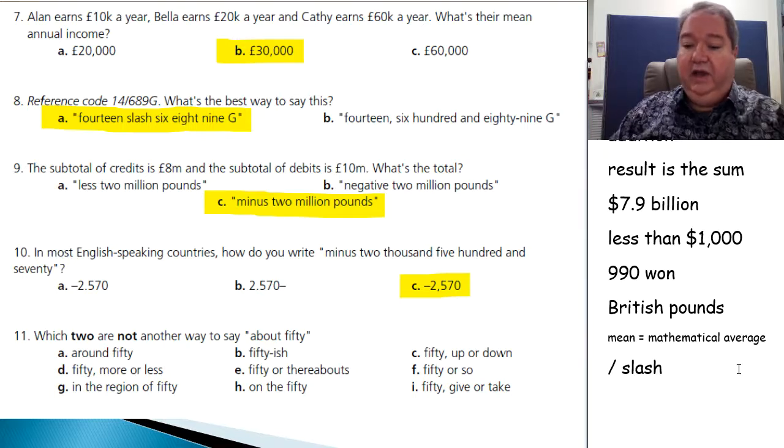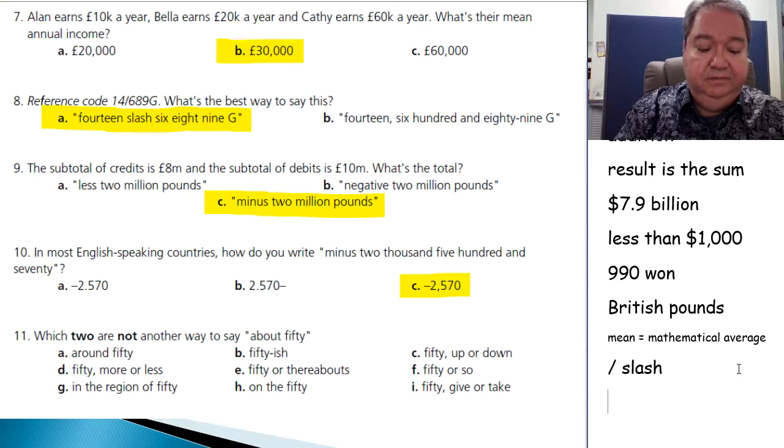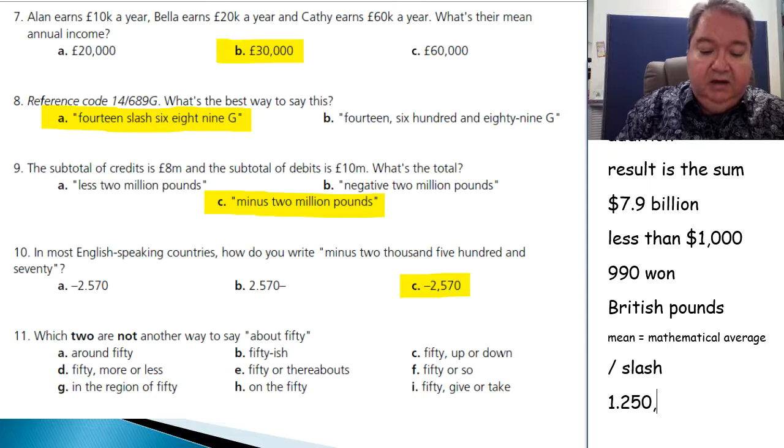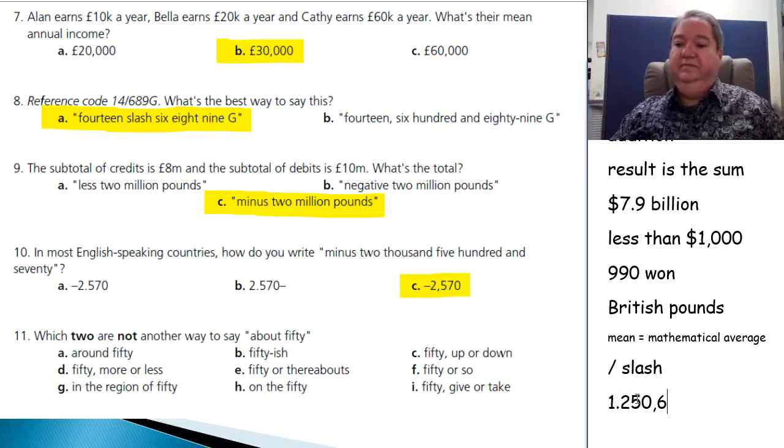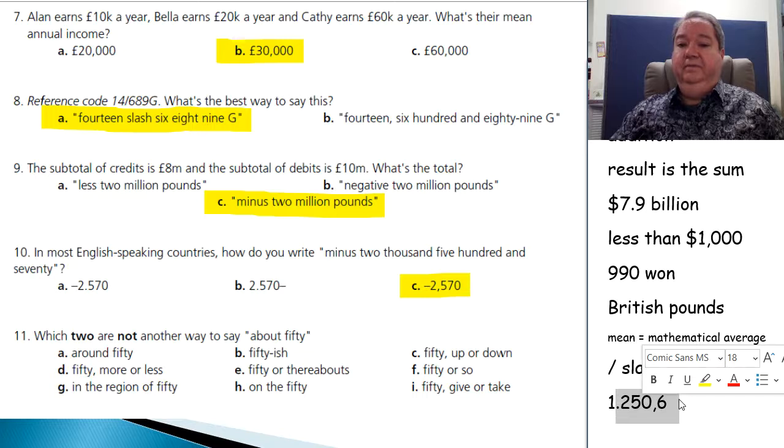For example, they would write 1,250 and 6/10. I know France does, for example. This is an English class, so we are not going to do this. In this class, this is incorrect.